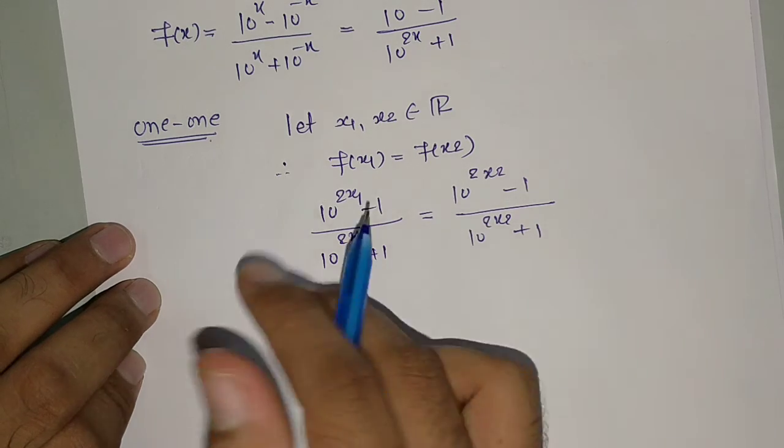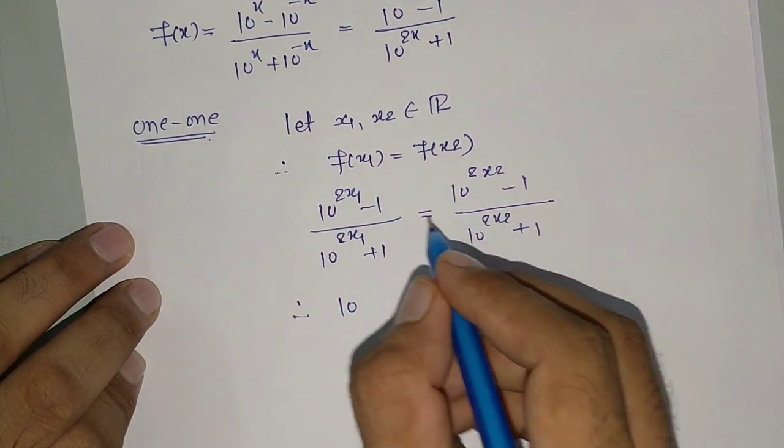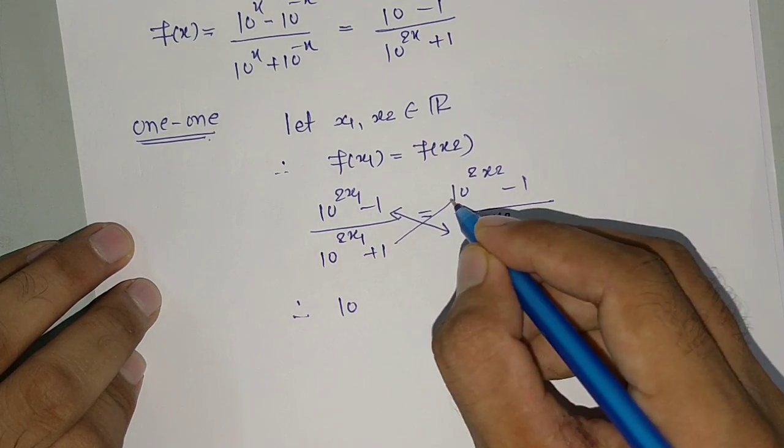Now if we just cross multiply, what will we get? We'll get this multiplied with this and this multiplied with this.